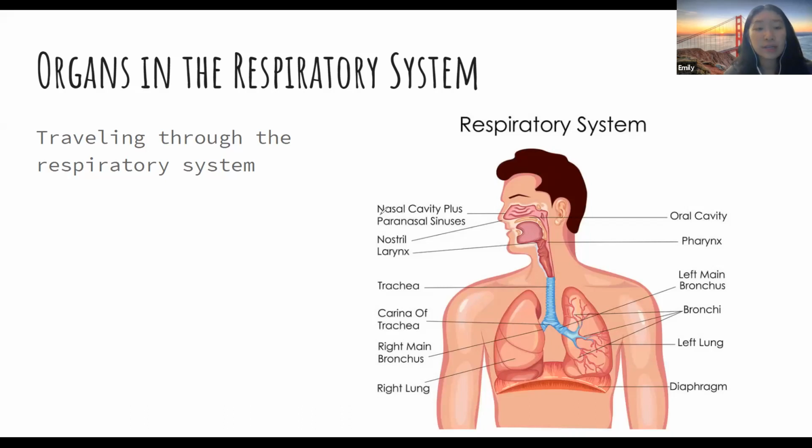Just following the pathway that air would take as it enters the respiratory system, it's going to enter through either your nose or your mouth. This image uses some fancy vocab of nasal cavities, nostrils. Just know it's going to enter through here, and then it's going to go down your throat, passing through an area called the pharynx, which is essentially the back of your throat.